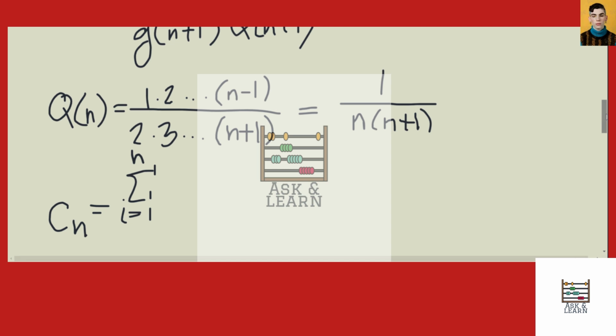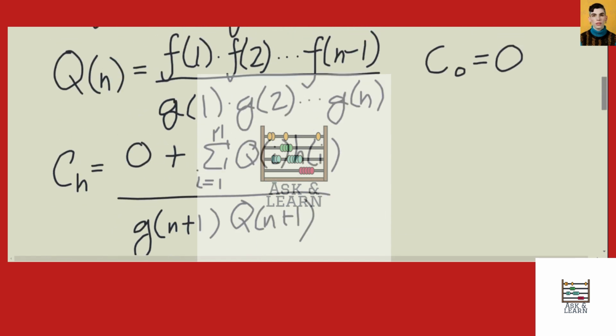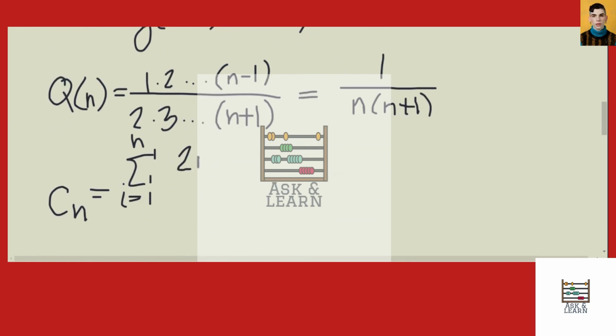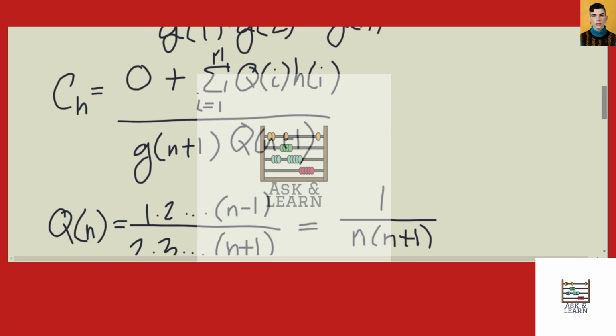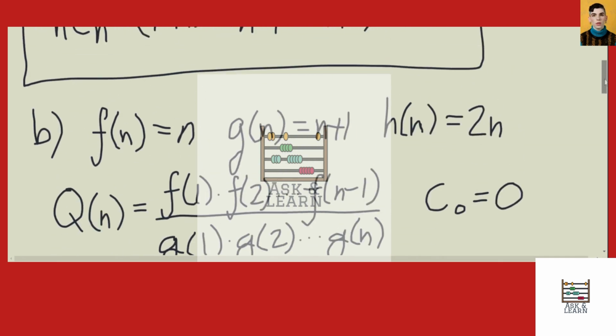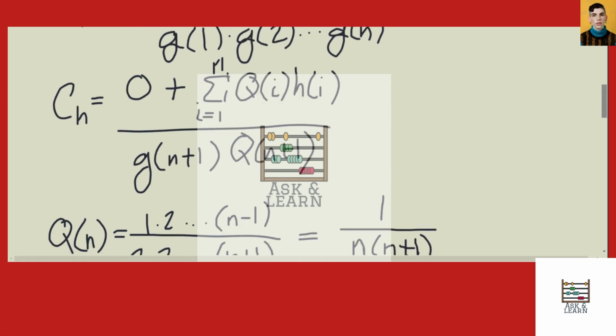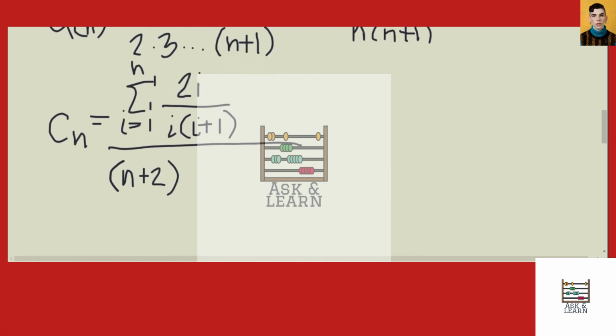and then what was h of n? h of n is 2n, so this is going to be 2i over i times i plus 1, all divided by g of n plus 1, which is going to be n plus 2, times q of n plus 1, which is going to be 1 over n plus 1 times n plus 2.